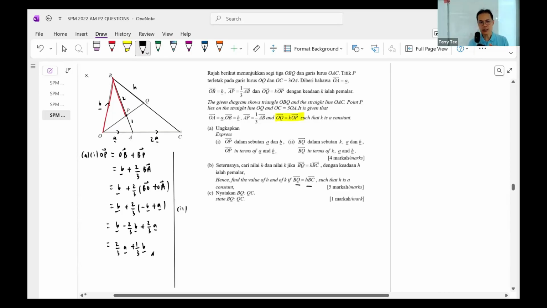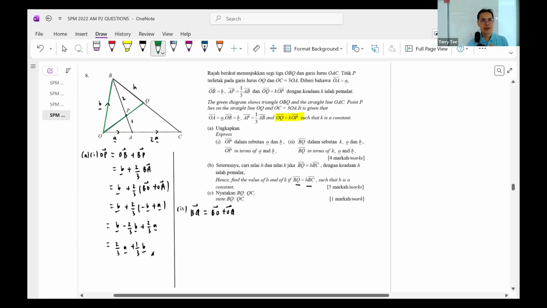So in order for me to go from B to Q, I must go B to O, O to Q. Let me rub this over. To go from B to Q, I'll go from B to O. Let me use a different color, green. B to O, followed by O to Q.